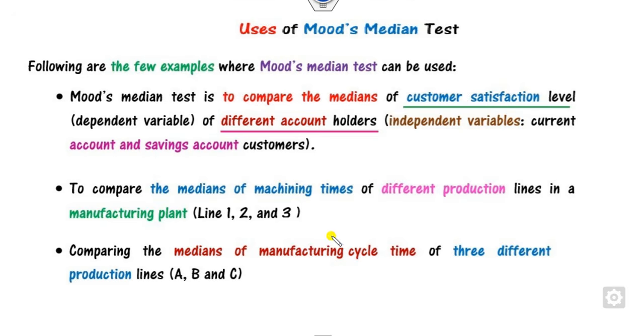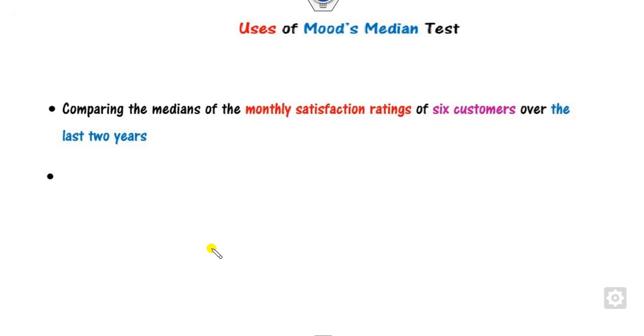You can use the median test again when you try to compare the manufacturing cycle time of different production lines. Also, when you want to compare the monthly satisfaction level of customers, because when you talk about satisfaction level, people will say it's good, very good, poor, and so on.